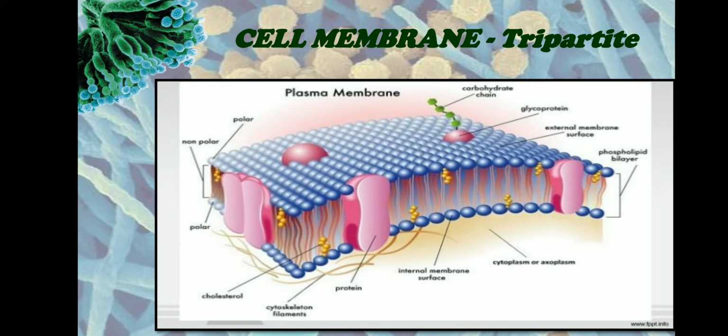That is, there is an electron dense layer on either side of the cell membrane and a less dense region in the central region. The phosphate heads appear as a denser region and the lipid tails appear as a less dense region under the electron microscope, which we call a tripartite structure.